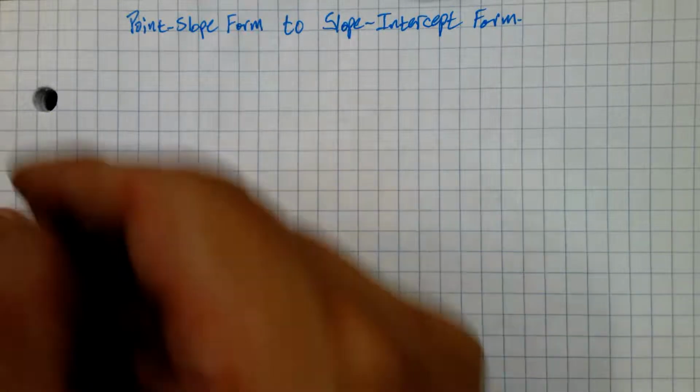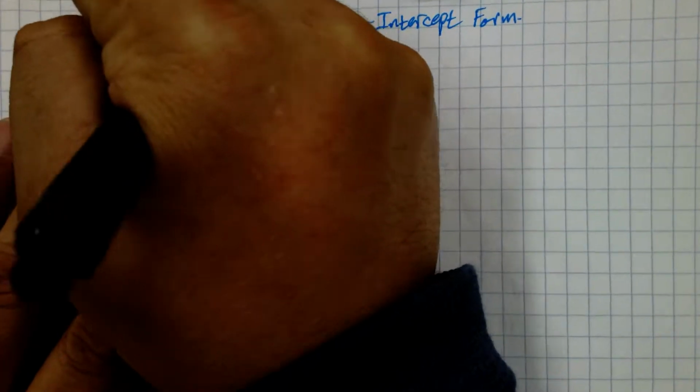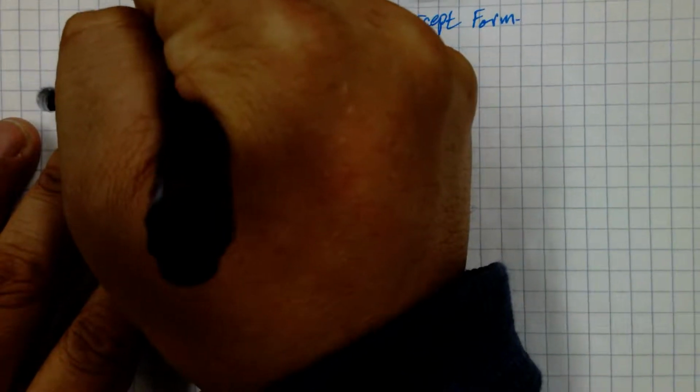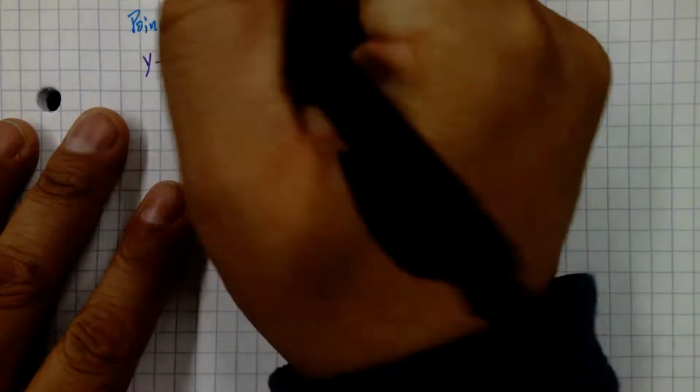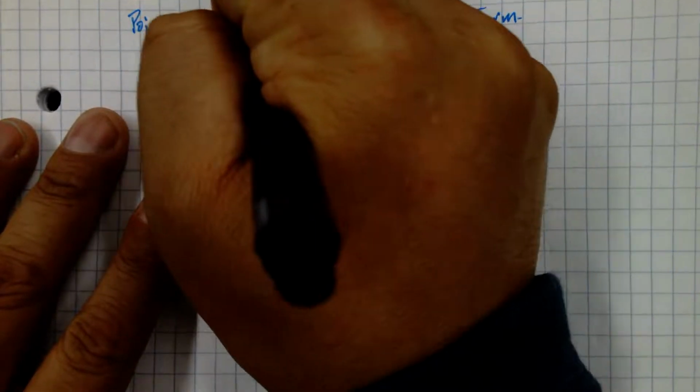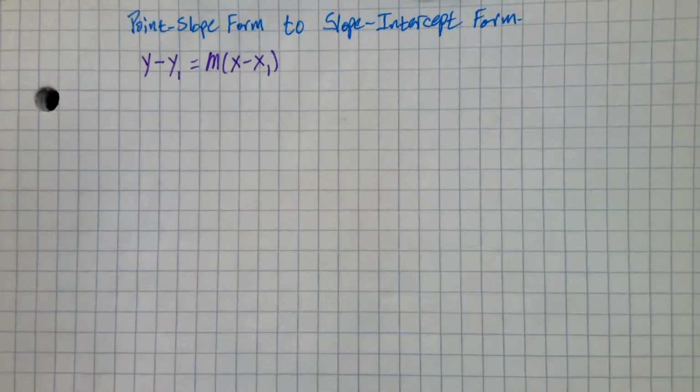So first, let's write down what they look like. y minus y1 equals m parentheses x minus x1. So that's point slope.